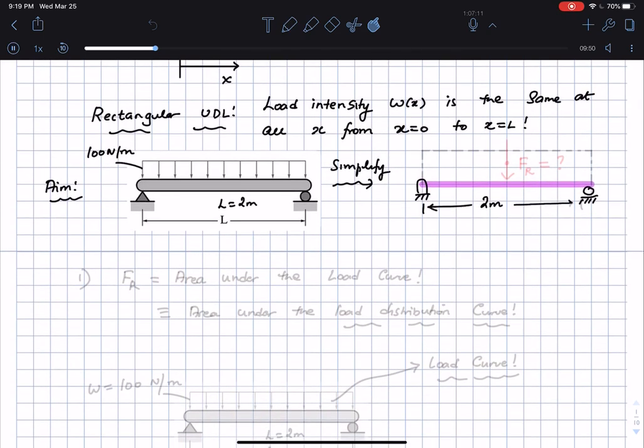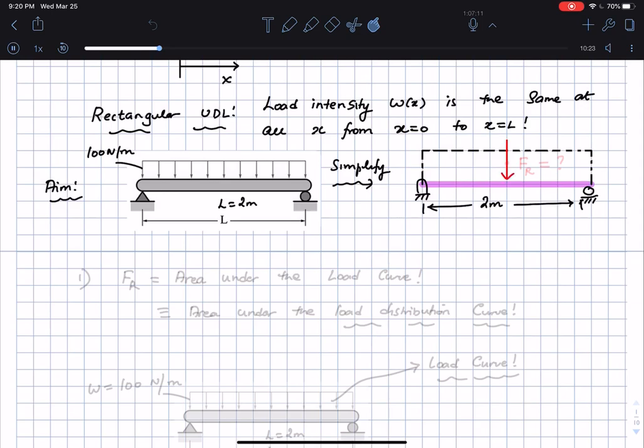Okay, and then instead of having the distributed loading, I'm going to draw it in a dotted line format, and rather than have it this way, I want to replace this by means of this equivalent force, or this resultant force FR.